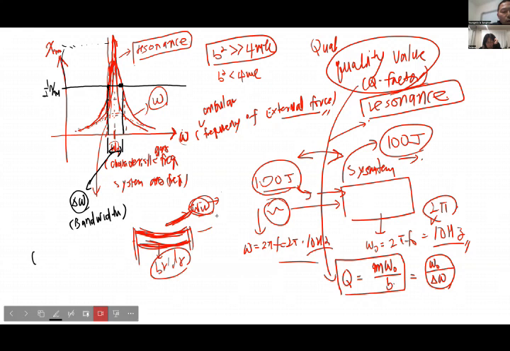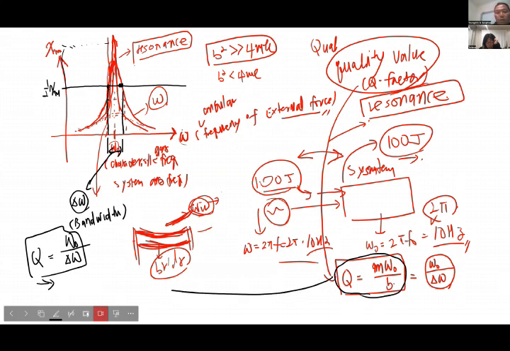So your quality factor Q is normally defined by the resonance frequency divided by the bandwidth. Sometimes we use this definition for the Q factor. Or if you already know the system parameters, you can use this definition too, m times omega naught over b. Both indicate the quality of the resonance.